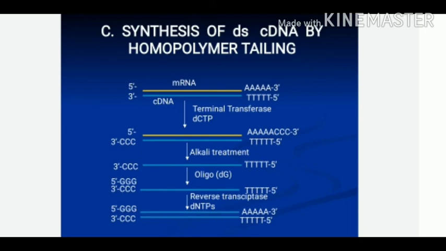Thereafter, in the next step of the diagram, we can see that mRNA is removed by alkali treatment. In the next step, oligo-dG is used as a primer, and then the second strand synthesis of cDNA is accomplished.